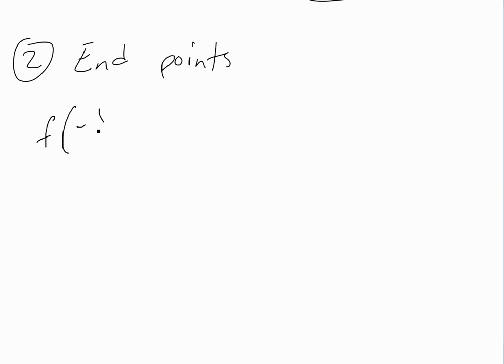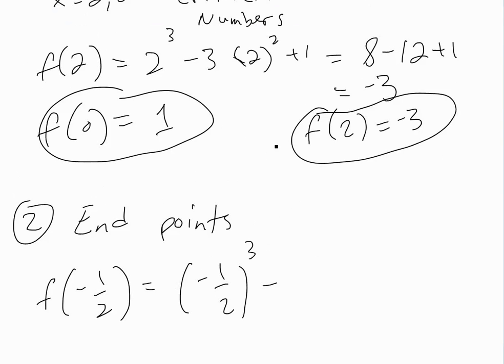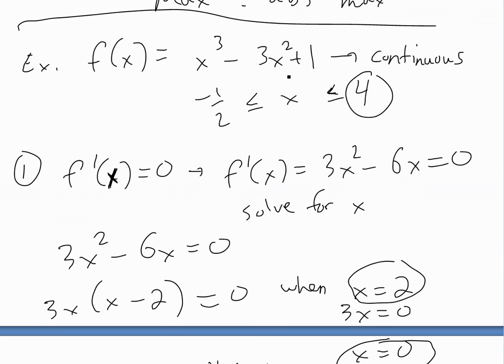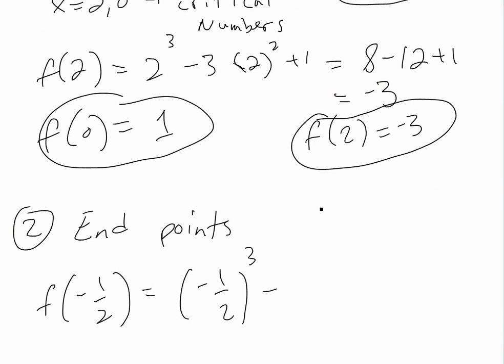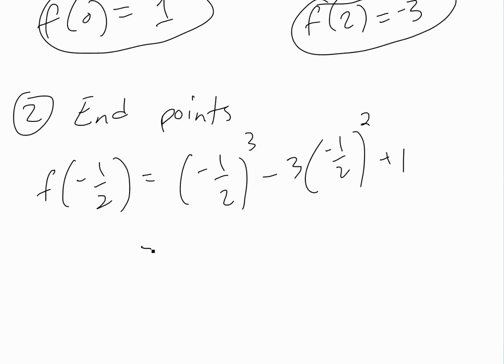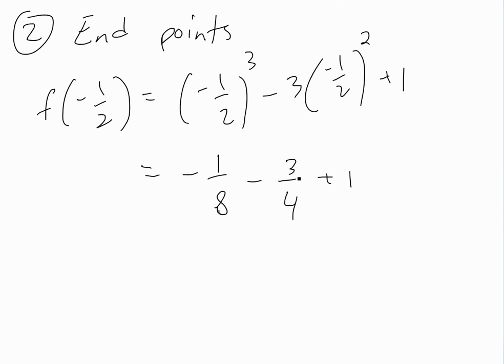So we're going to get f of -1/2. This is equal to (-1/2) cubed minus 3 times (-1/2) squared plus 1. This equals, well, this one's negative and cubed, so it's -1/8. Then this one is going to be positive 3/4, so -3/4 plus 1.